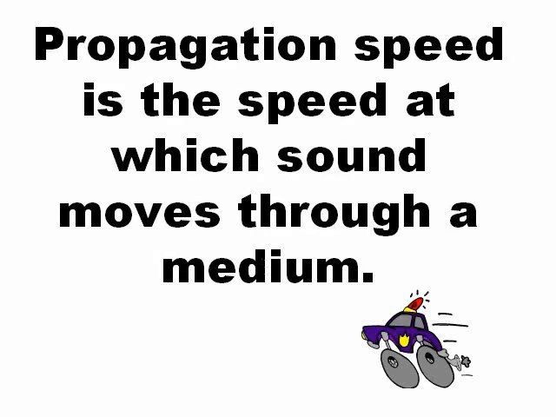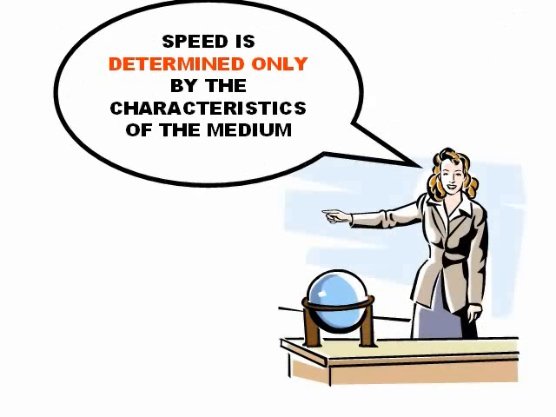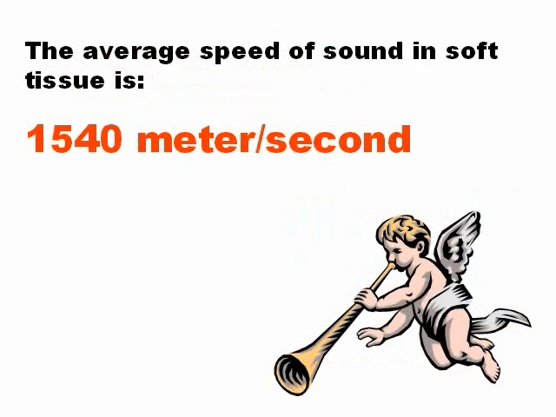Propagation speed, you know, is a property of the medium. You cannot change propagation speed. It's only determined by the medium, and in soft tissue it is 1540 meters per second.